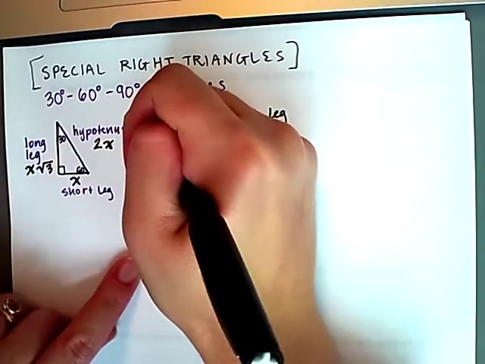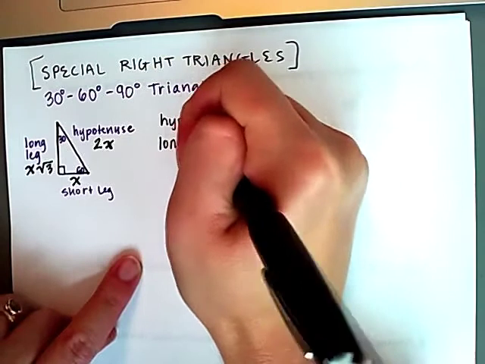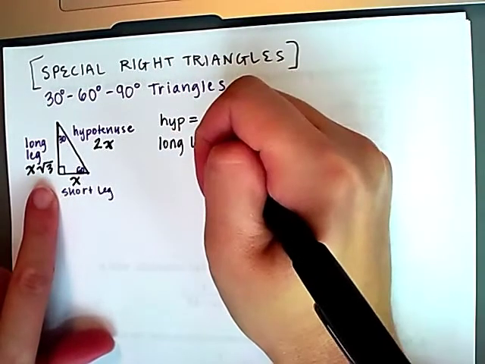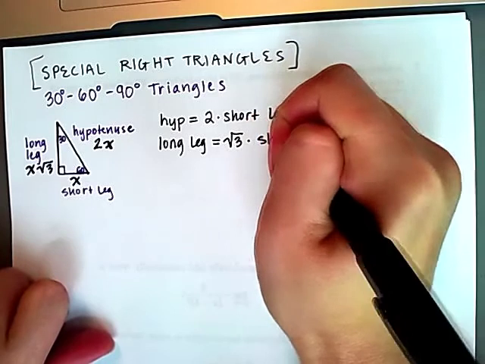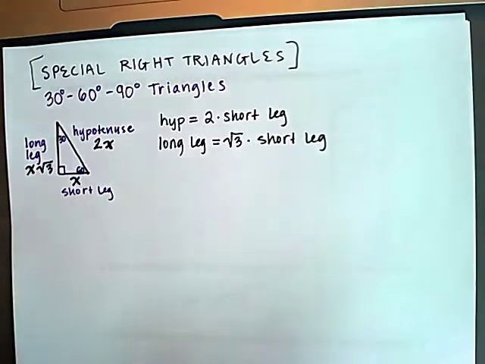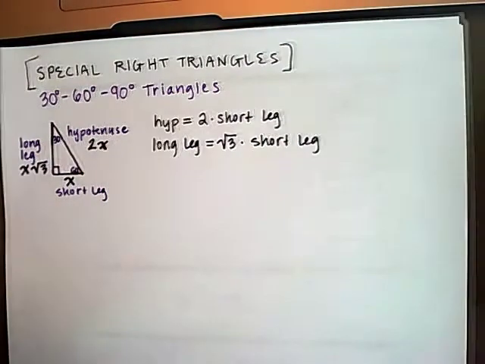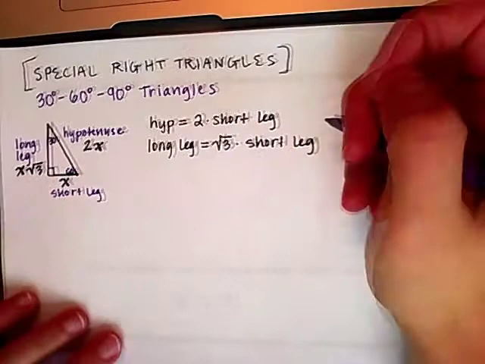And the long leg is going to equal root 3 times the short leg. Both of these formulas we'll use if the side length you're given is the short leg.